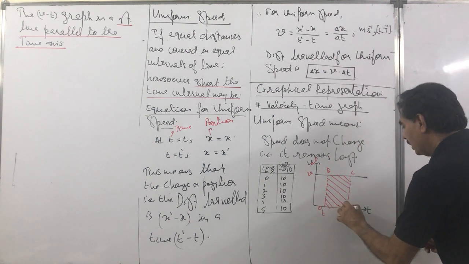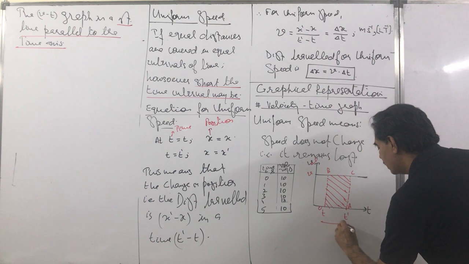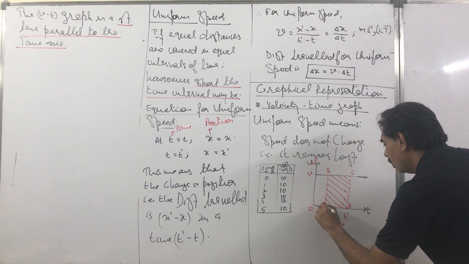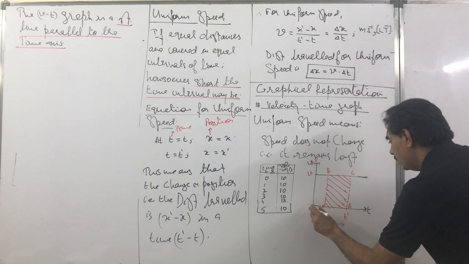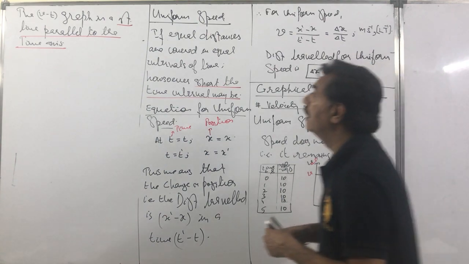The area OACB on this graph is V into T dash minus T, as this is 0. This is T dash minus T.